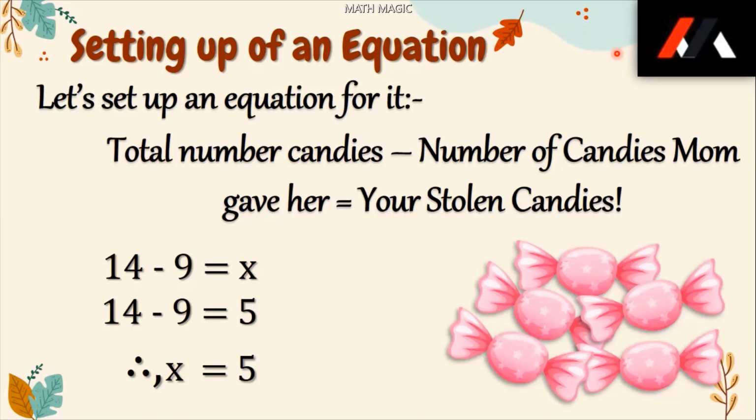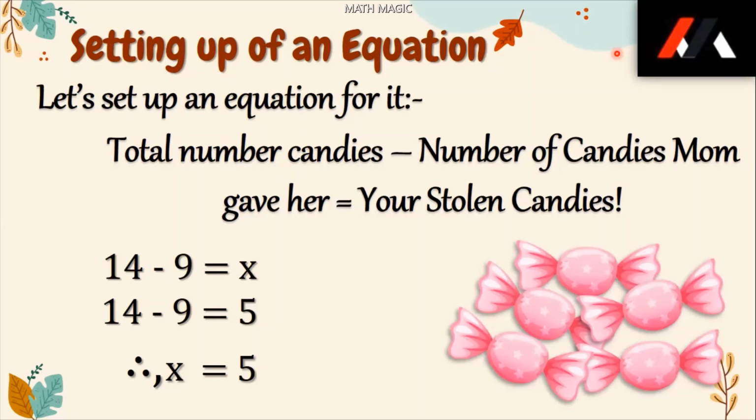So Pinky said she has a total of 14 candies. Mom gave her only 9. She got some more chocolates than she's supposed to be having. So total amount minus number of candies mom gave her is equal to your stolen candies.